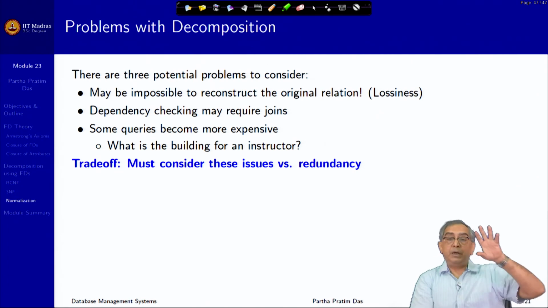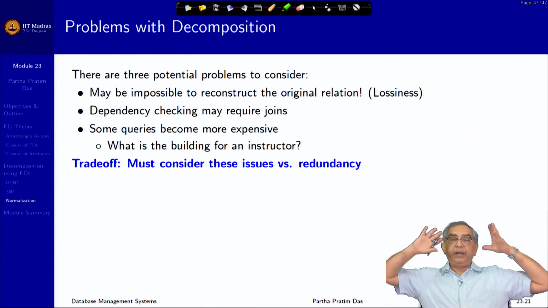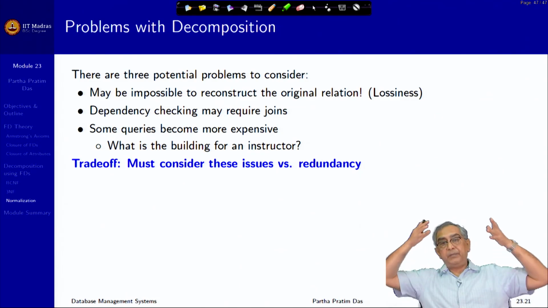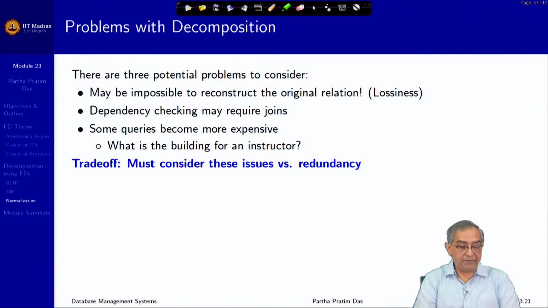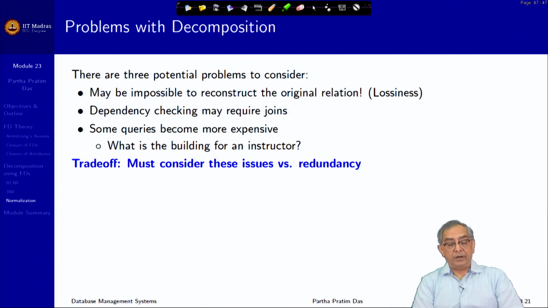Even while keeping a certain normal form, there may be multiple choices that come to you, and then you will have to consider these kinds of factors. For example, I want to know the building for an instructor. After the BCNF decomposition has been done, from one table I have to get the department, then go to the department table and get that, or do a join.